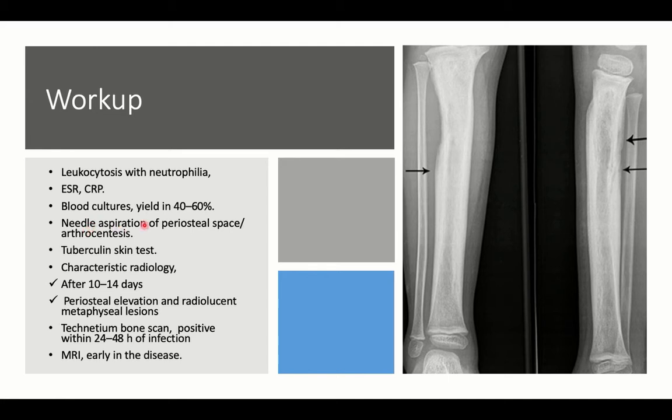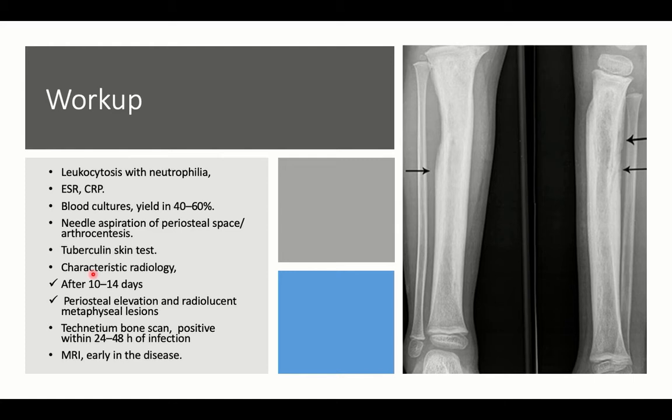Then needle aspiration of the periosteal space in case of osteomyelitis to identify and isolate the organism. Arthrocentesis also to get the joint fluid for workup, microscopy, culture, and identification of the organism. In case of suspicion of tuberculosis, tuberculin skin testing is required.